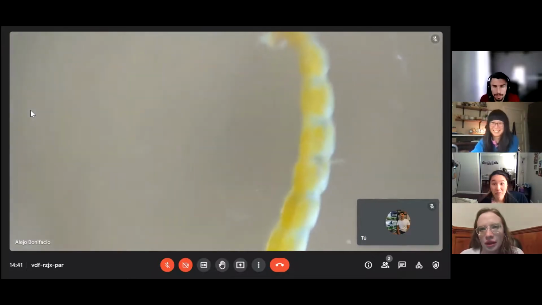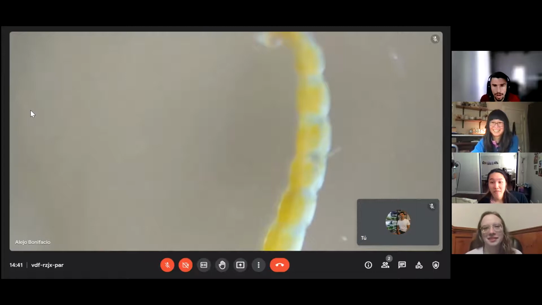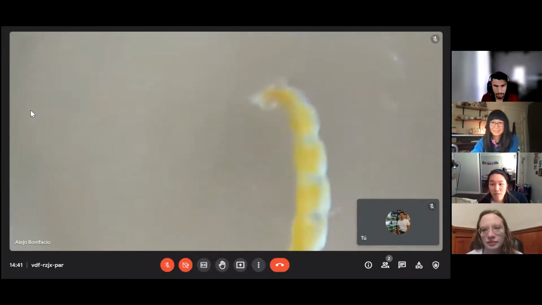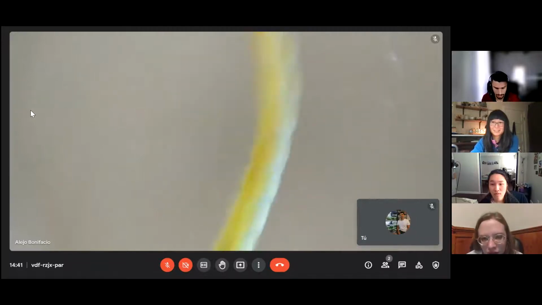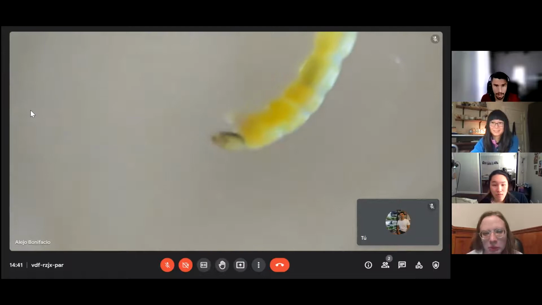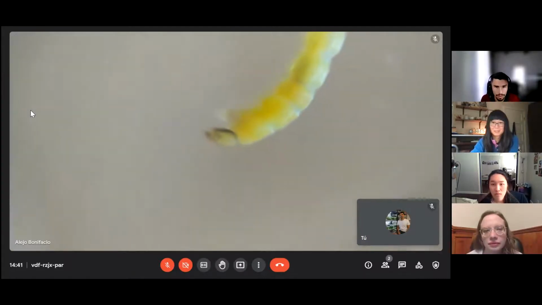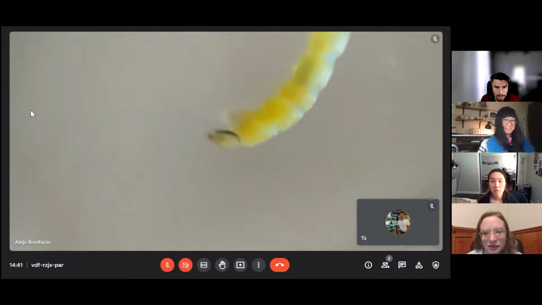When you have some preserved material, this is the tail, and we have the head. You can see there is a tiny eye.